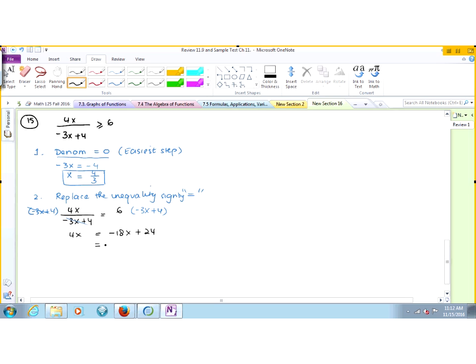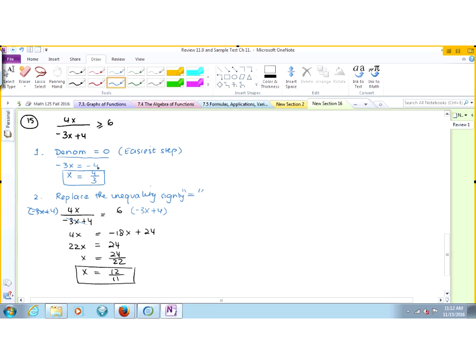Now what do we do? We bring the negative 18x to the other side. So what do we have? 22x is equal to 24. So what is x? 24 over 22, which is 12 over 11.